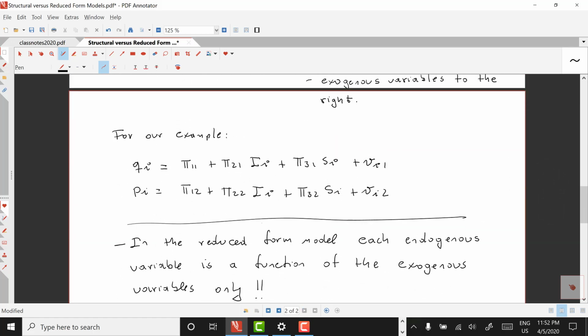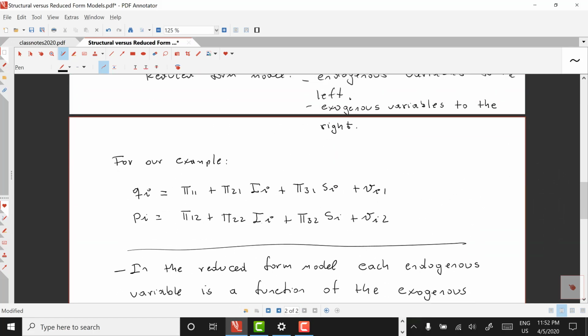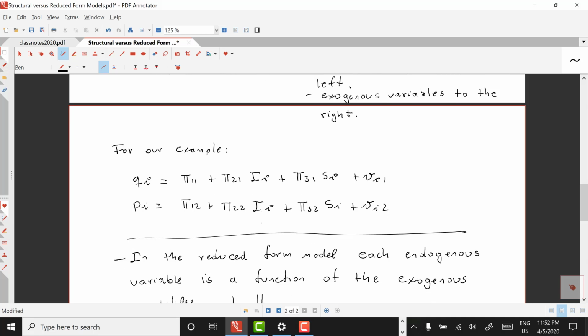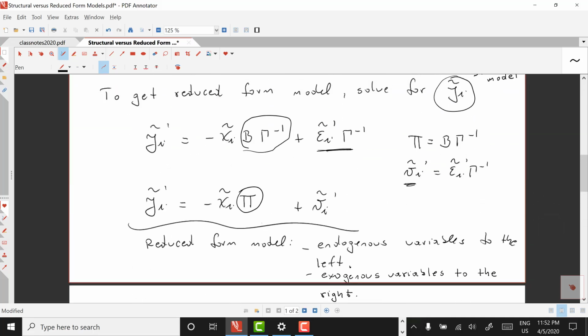If we go to the reduced form models, we have Qi only as a function of the exogenous variables, and we have Pi only as a function of the exogenous variables. We can do these derivations mathematically. Note that each of these coefficients is related to the original coefficients.